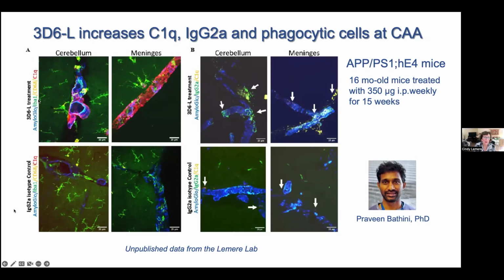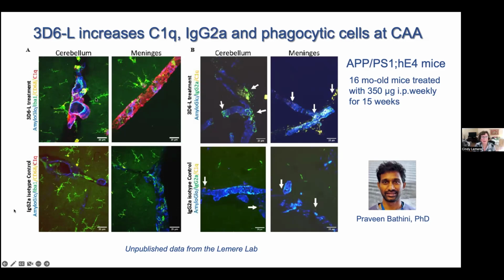And then we looked at C1q, and C1q was also very strongly co-localized with vascular amyloid in the mice that were treated with 3D6, but not with the isotype control antibody. And along with C1q, there were more macrophage and microglia type cells coming over to the blood vessels and expressing CD68, which is a phagocytolytic marker for microglia and macrophages.